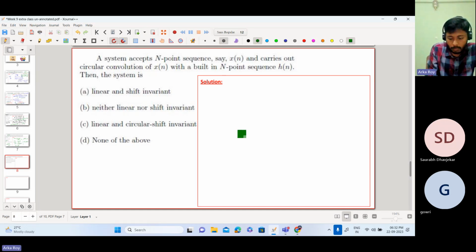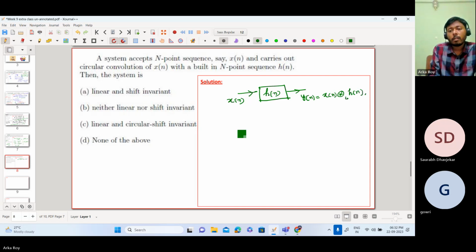So this is h[n], and we are providing an input x[n], and the output is basically the circular convolution between these two. We need to find some of the properties of this particular system.